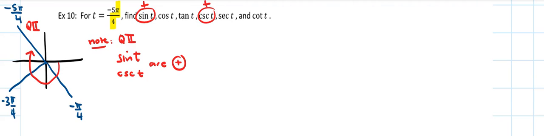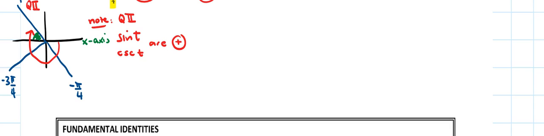Okay. Now, the good news about the trig functions, what we're looking at, our reference angle, is the distance from the angle to the x-axis. So that will leave us with a reference angle that is pi over 4.